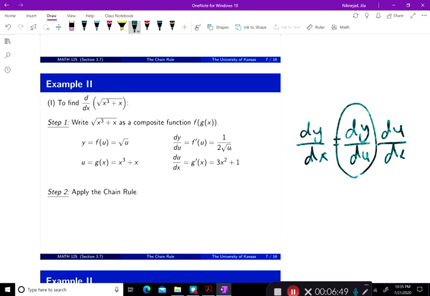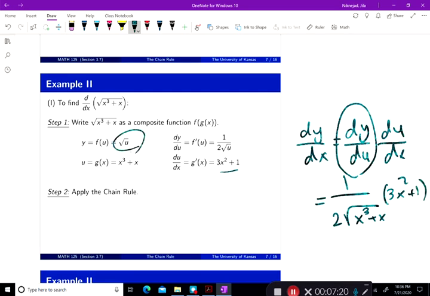So plug in what you're supposed to plug in, which is x to the third plus x. That's the derivative of the outside function, and you plug in x to the third plus x. And then du dx is going to be right here, times 3x squared plus 1. So basically, we found the derivative of the outside function, we plugged in the inside function unchanged, then we multiplied by the derivative of the inside function, and that's the chain rule.